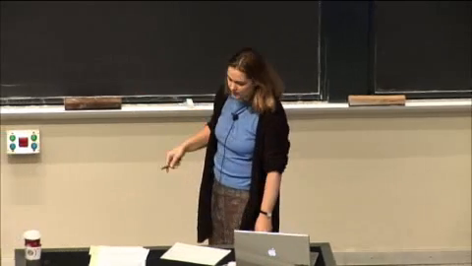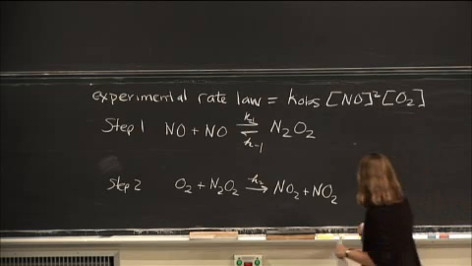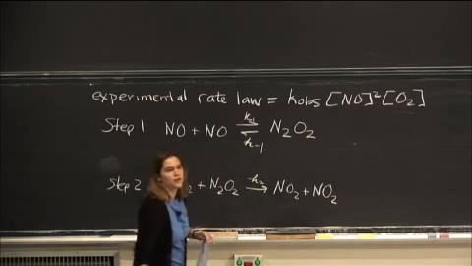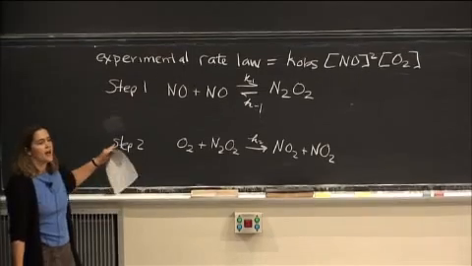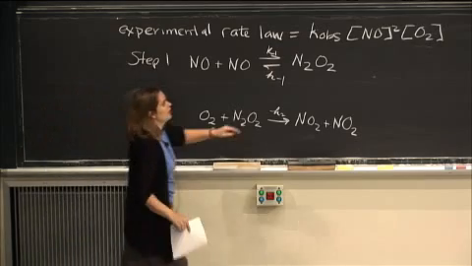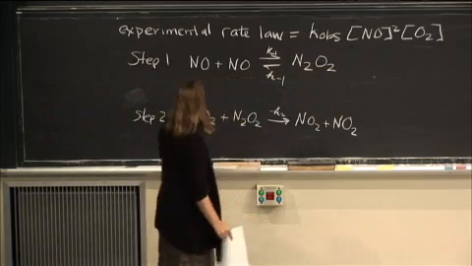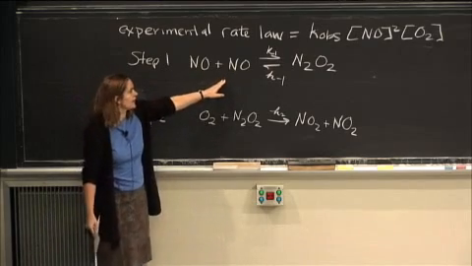So on the board here and on your notes, we have a two-step proposed mechanism. And let's talk about these two steps and come up with a rate law that's consistent with this mechanism, and then see if that agrees with the experimental rate law that was determined. So in the first step of this reaction, we have two NOs coming together.